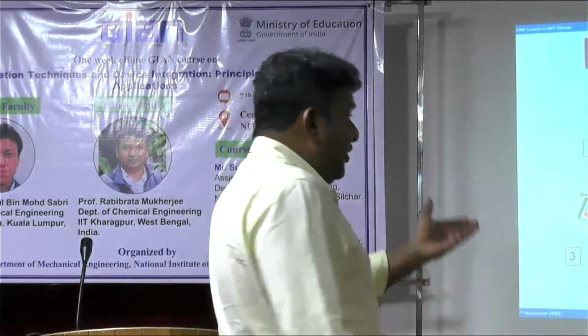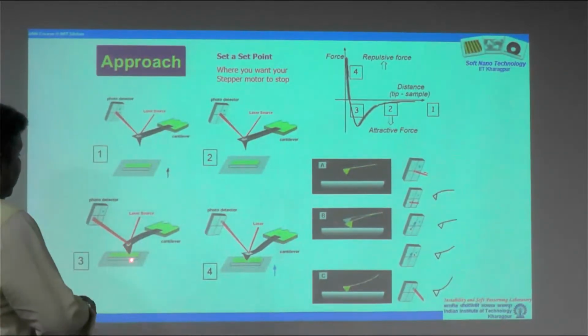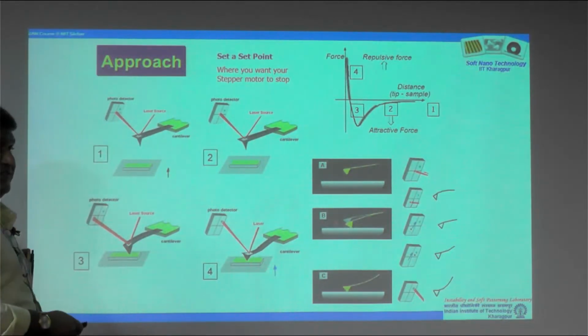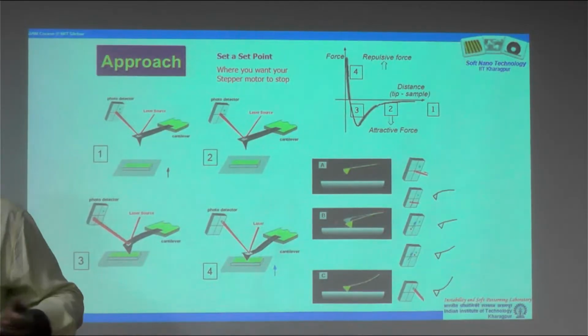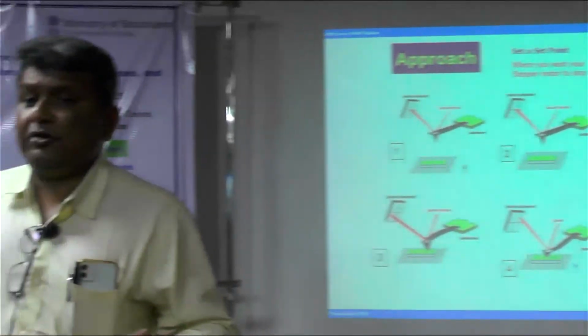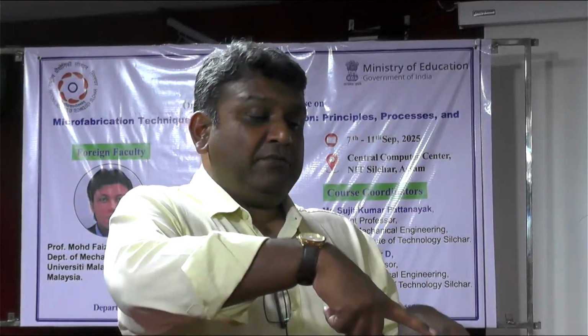As you continue to push, the nature of deflection changes from attractive to repulsive, and the laser light also shifts. The question to ask is, how long would you allow your motor to continue with this process? Because if you do not intervene and stop somewhere, the moving motor is simply going to rip apart your cantilever. That's what is going to happen.